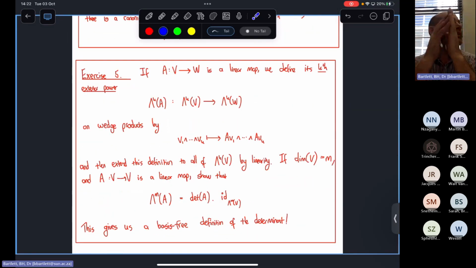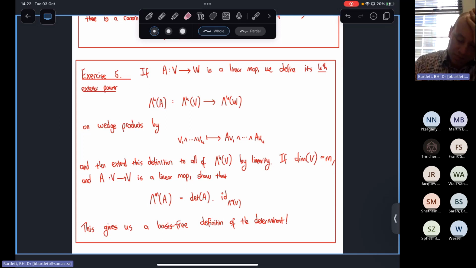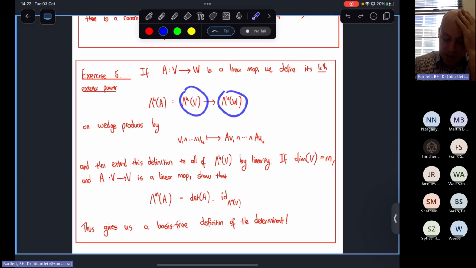Okay, here's another nice exercise, which was that all these things are functorial. So if you've got a map A from V to W, then you can, for example, calculate its kth exterior power, which is going to be a map from the kth exterior power of V to the kth exterior power of W, defined like this.